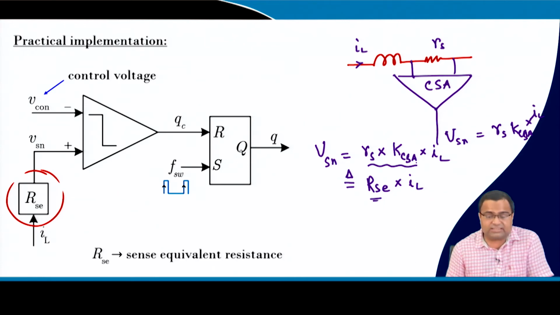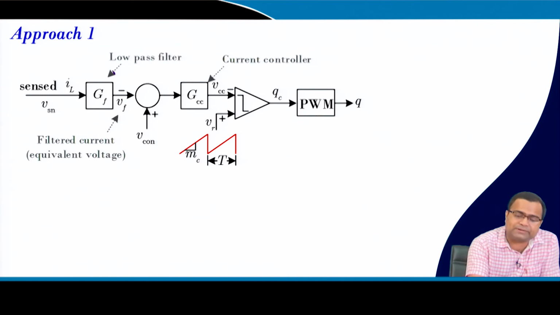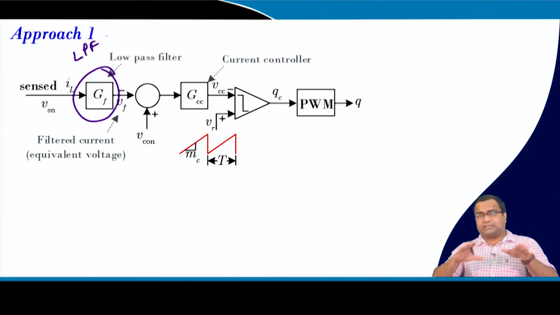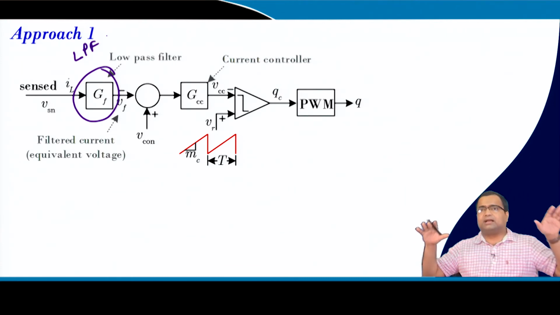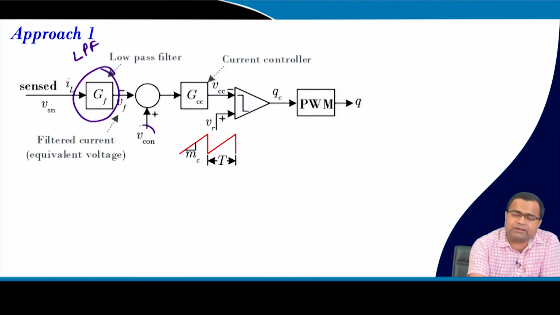So the control voltage is compared with the sense equivalent. So one approach, we put a low pass filter, as we have discussed. If we set the bandwidth in such a way that we can extract the average information from the low pass filter, then we can give a current reference. So this can be a reference current.